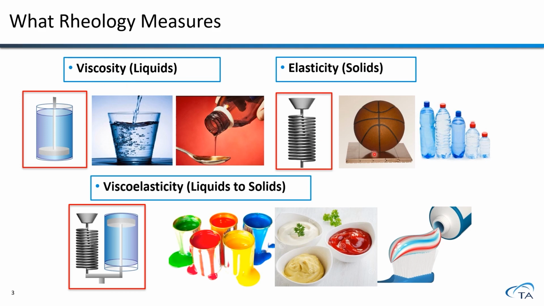If your sample is a purely solid material, then you can use rheology to measure its elasticity property. Most of the materials we're handling on our daily basis can vary from semi-solid to soft gels. Those materials have both viscous response and also elastic response. For those samples, you can use rheology to study their viscoelasticity properties.